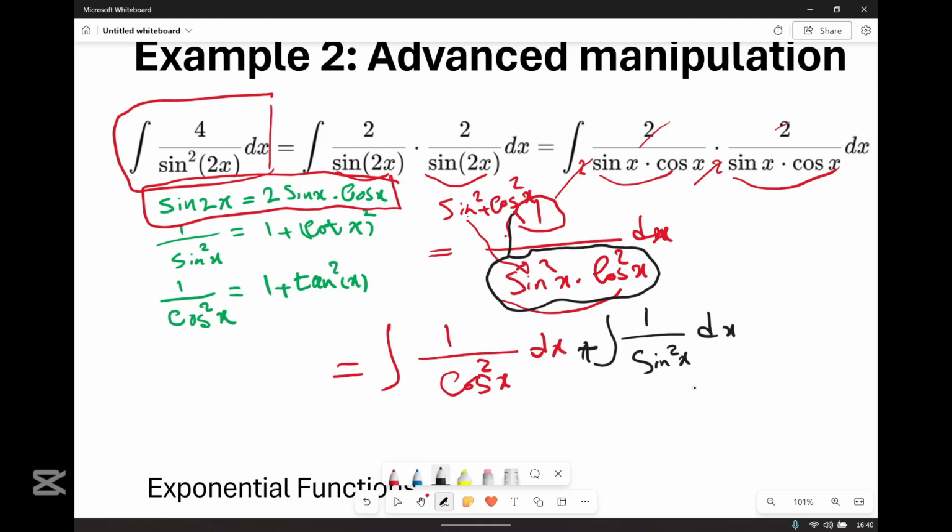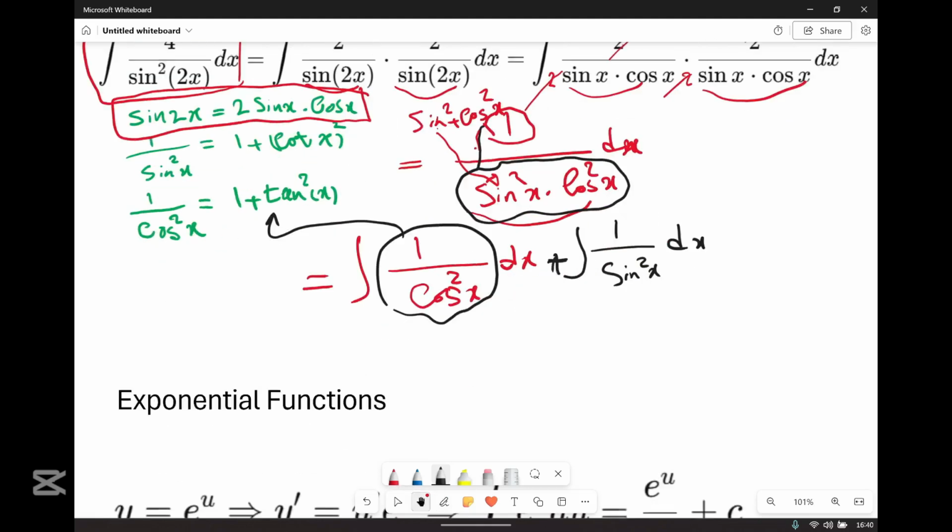But 1 over cosine 2, we can use this formula, and here the integral of 1 plus tangent power 2 dx plus this part, the integral of 1 plus cotangent 2x dx, and this integration we calculated in the previous one.